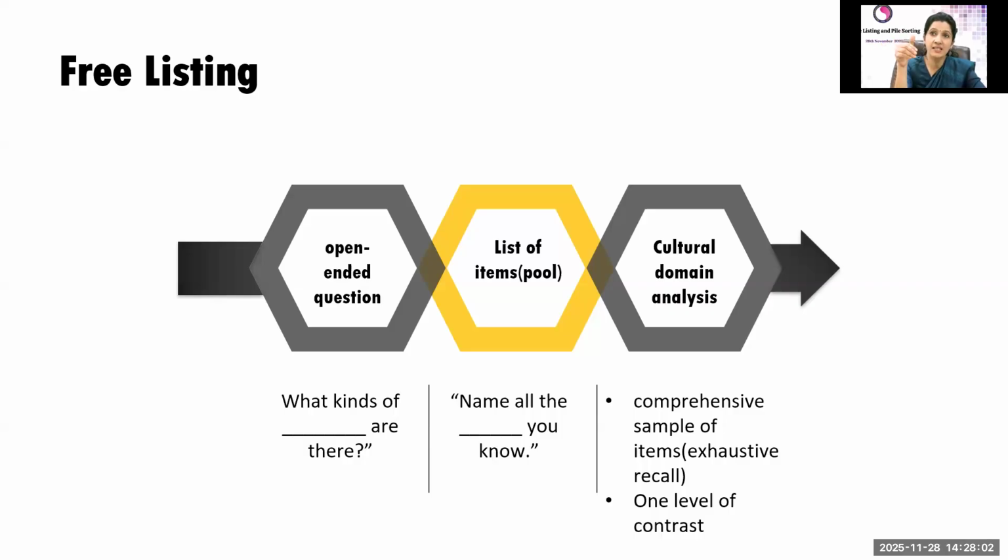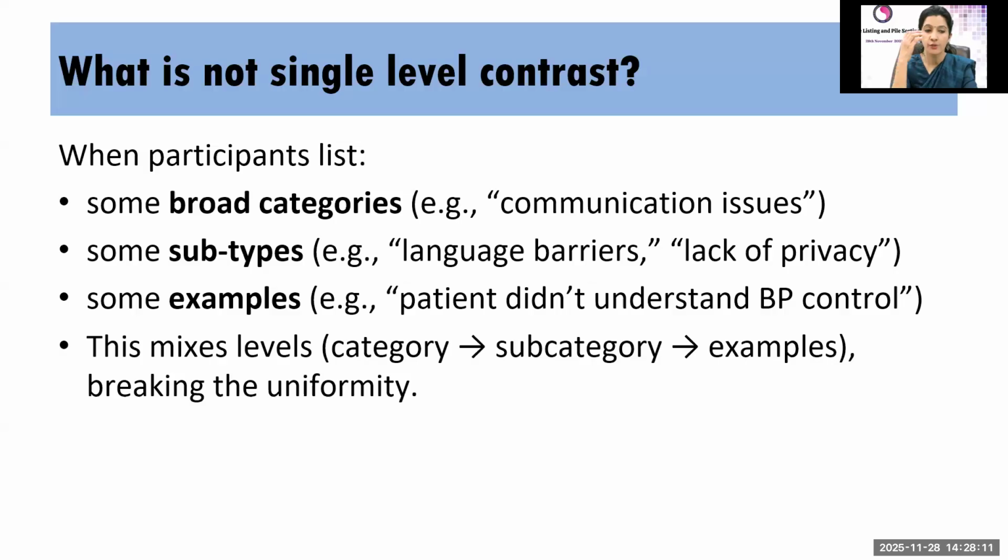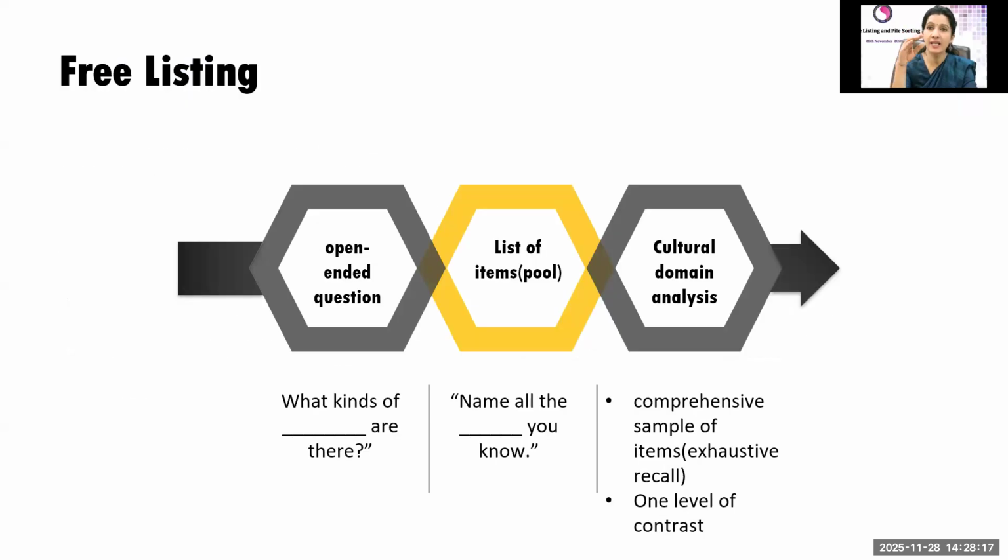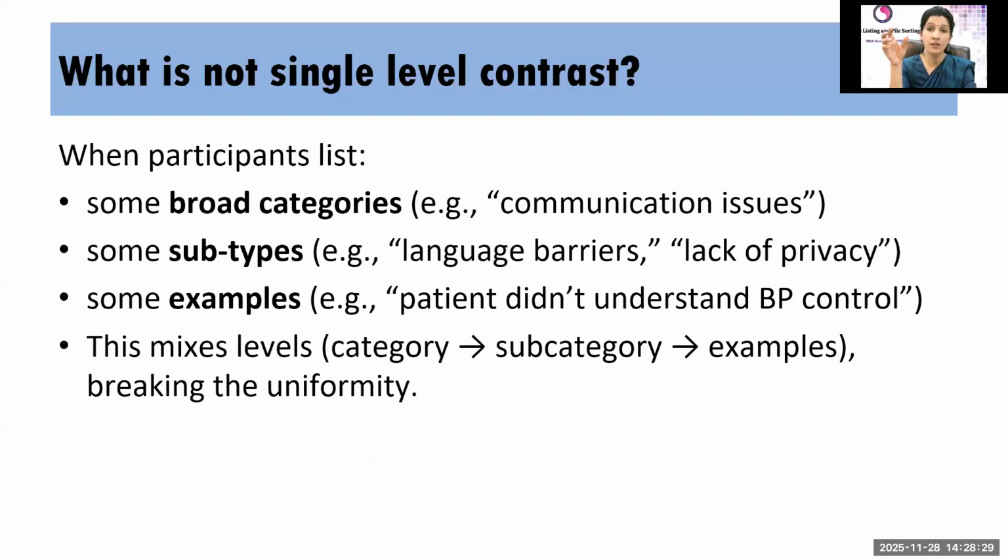The next thing is that a free list always has one level of contrast. What do I mean by one level of contrast? It means that if I ask you about communication barriers, all the items in the list are related to communication barriers. That's why we say one level of contrast. What is not one level of contrast?